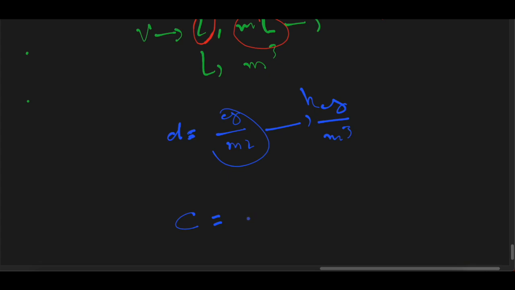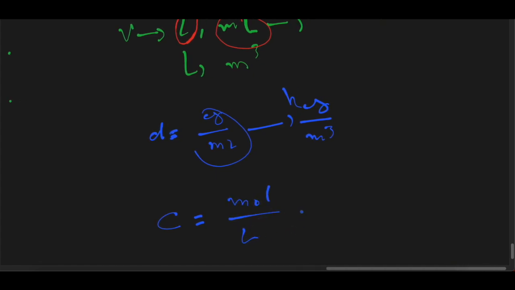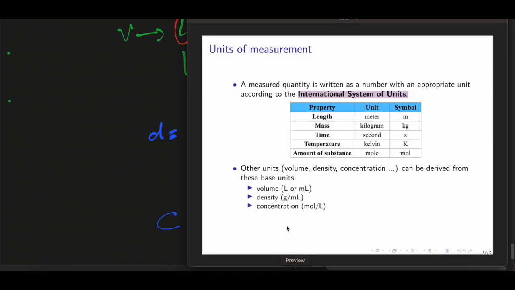Generally in chemistry we use mole per liter. So it is more common to use mole per liter than mole per cubic meter. So all these units are accepted in chemistry, but for the other quantities we have to follow this International System of Units, and we can convert between the different units.